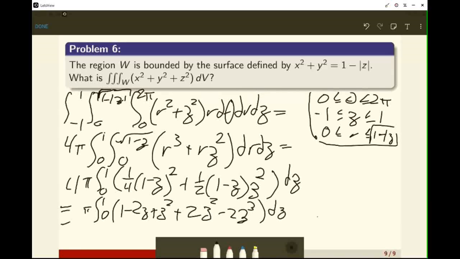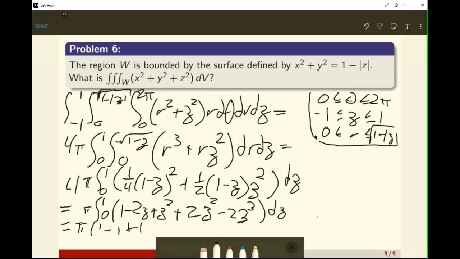This last step, these are all polynomial terms, so we can carry out this integral. We've got our factor of pi. We only care about the terms at 1, because they're all polynomial. At 0, they go to 0. And so we can start just keeping track of what we get. 1 integrates to z, so we pick up a factor of 1. 2z goes to z squared, so we get a minus 1. We've got a z squared plus a 2z squared, so we've got a 3z squared here, which goes to z cubed, which is giving us another 1 to the positive.